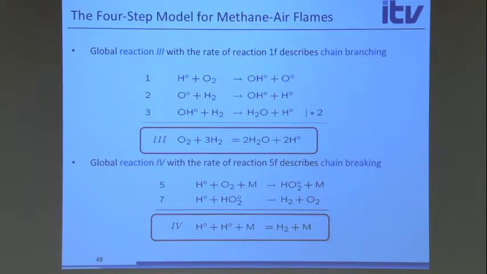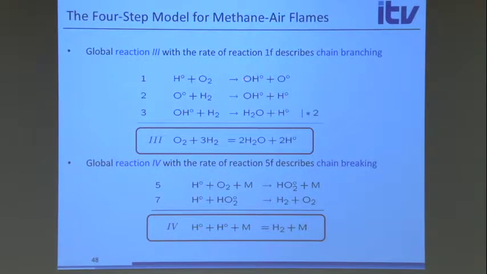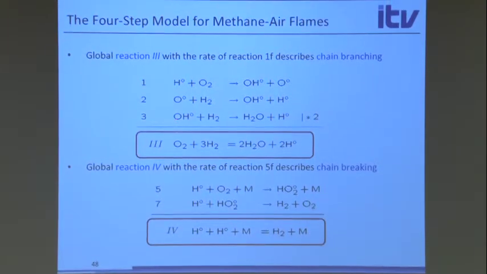The reaction rate is the same as that of reaction 1, because this is the rate determining step. So this happens only once every 5 years, and this happens in 10 to the minus 3 seconds, and this in 10 to the minus 5 seconds. So every 5 years you get this, and it happens with the rate of this first reaction. So that's how we can think about this.